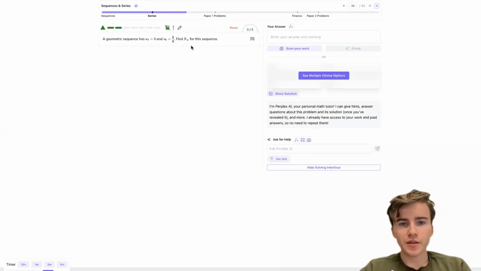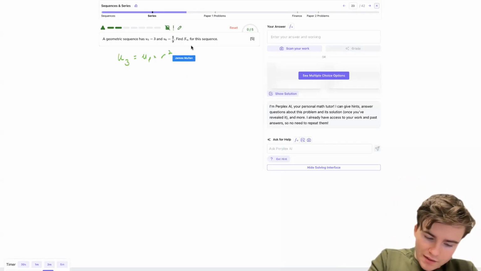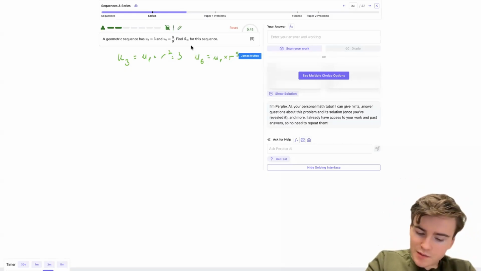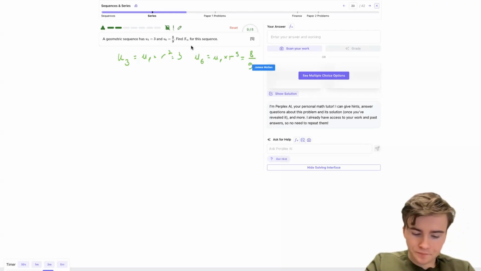So I have a geometric sequence with u3, and that u3 is the first term times r squared, and this is equal to 3. And u6 is the first term u1 times r to the 5, I did 6 minus 1 to get 5, and that's equal to 8 over 9.